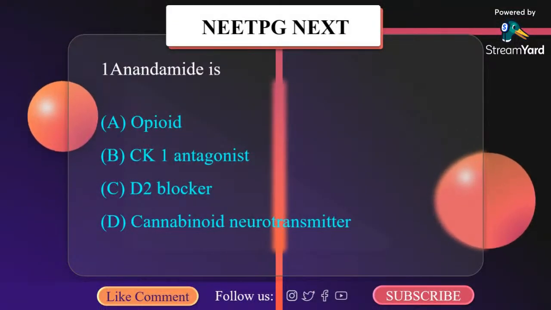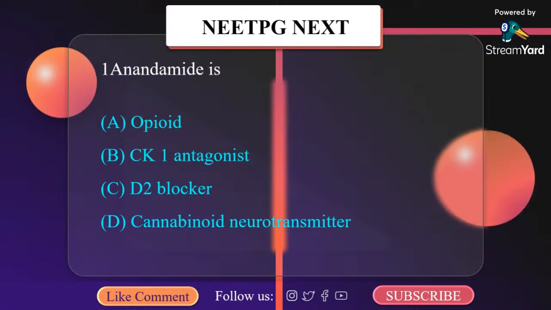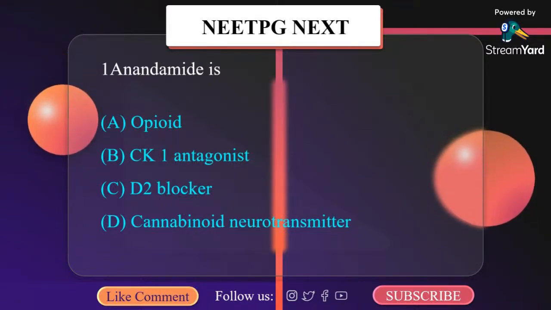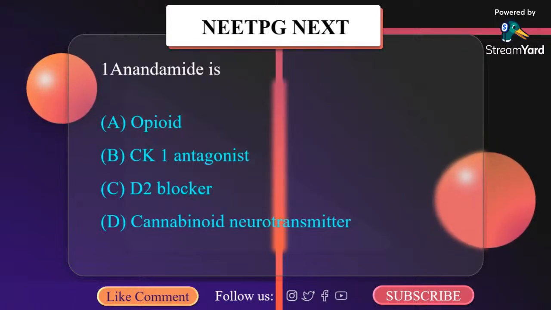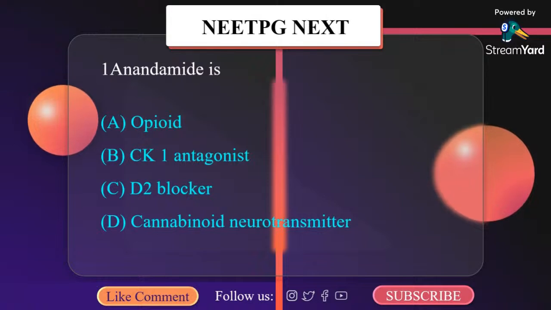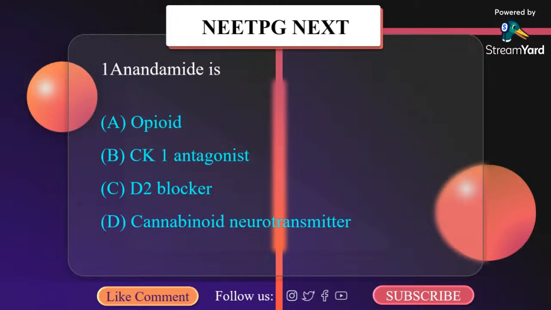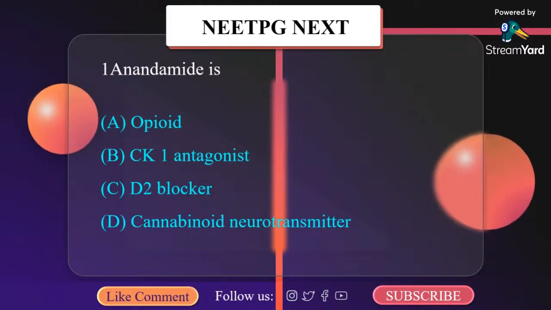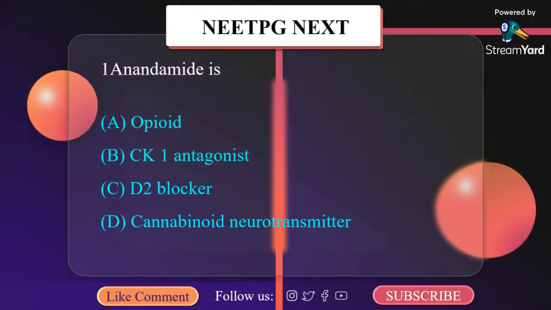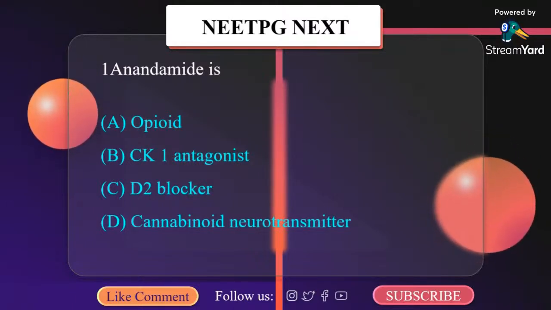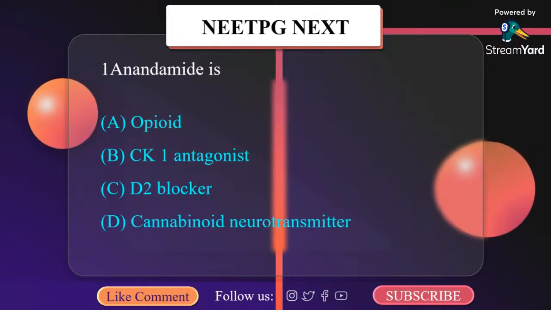Anandamide is A. Opioid. B. CB1 antagonist. C. D2 blocker. D. Cannabinoid neurotransmitter. Now, anandamide is a cannabinoid neurotransmitter. Anandamide is also known as N-arachidonoylethanolamine or AEA. It is an endogenous cannabinoid neurotransmitter. The name is taken from the Sanskrit word ananda, which means bliss or delight, and amide.